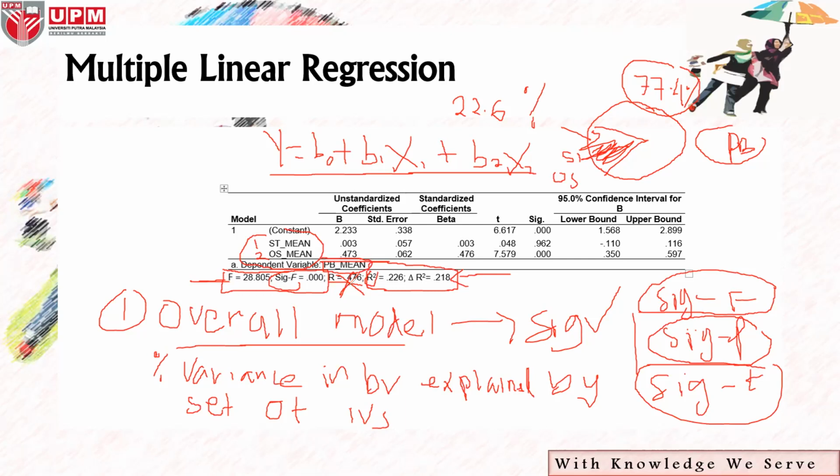Okay, next one, kita dah tahu model kita significant. Now we already know that our model is significant. Now we already interpret how much variance our model explains. Now we want to plug in the value into this equation. To plug in the value here, it must be based on the unstandardized coefficient.